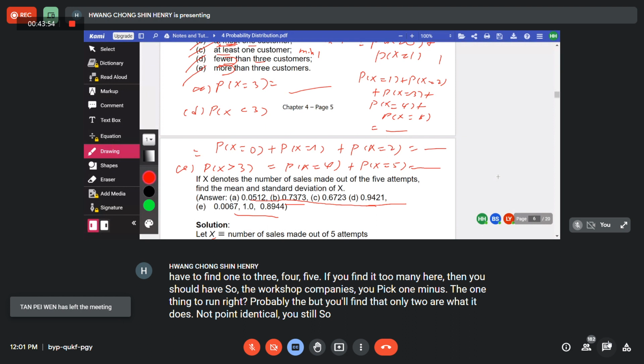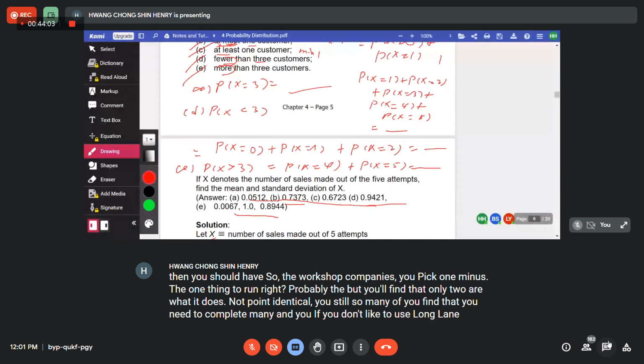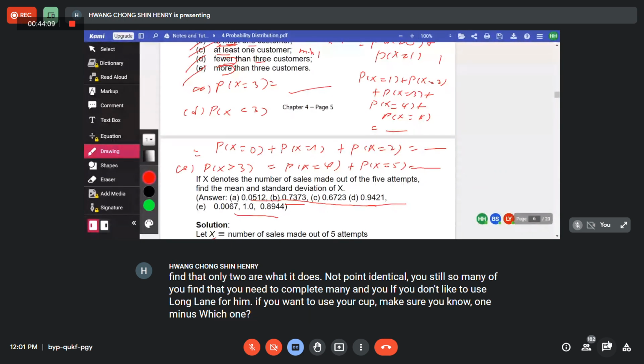So when you do a tutorial, if you find that you need to calculate many, then you use a shortcut. If you don't mind using the long way, go ahead. If you want to use the shortcut, make sure you know 1 minus which one to get the same remaining probability.